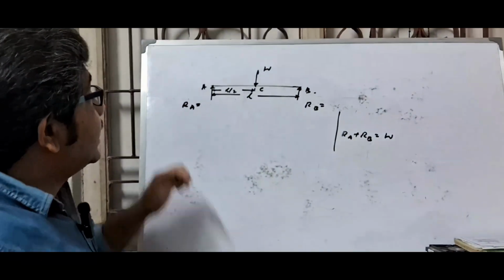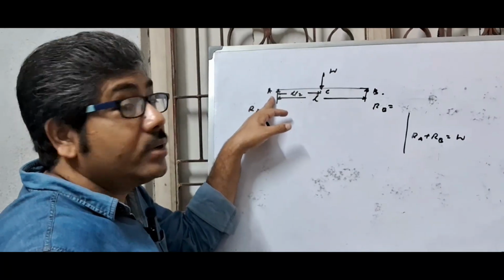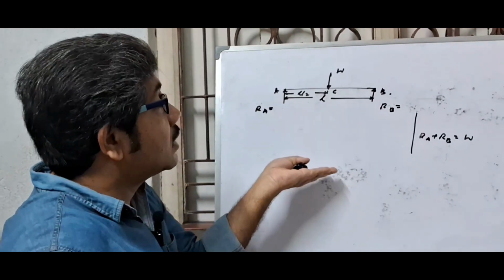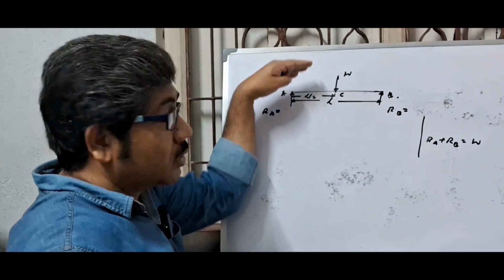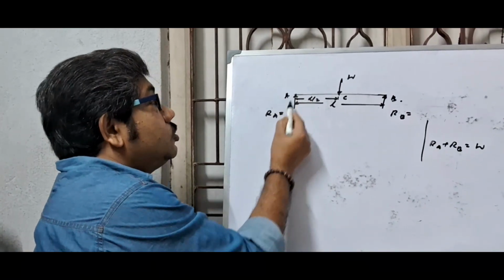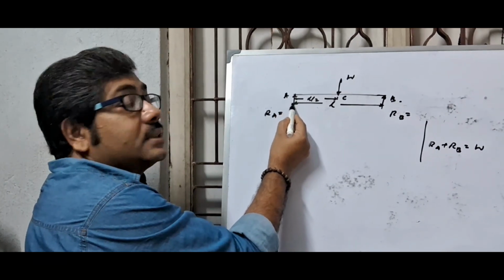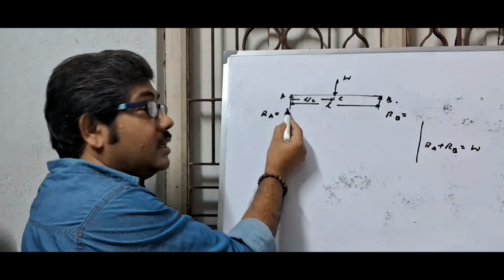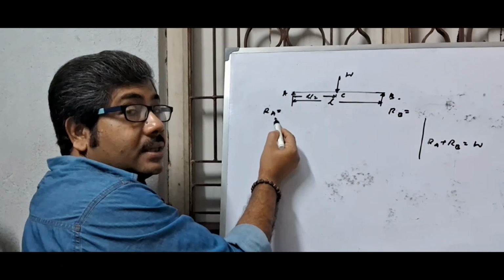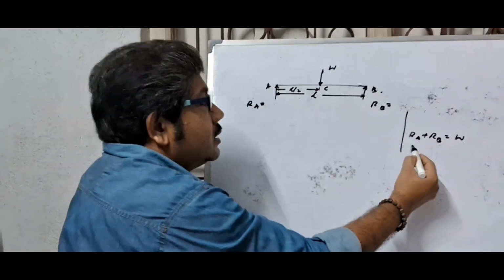This is first. Second, taking moment at point A and equating the same. Equating the same means total upward moment equals total downward moment. Taking moment at point A, at point A there is no moment because there is no distance. The force is RA, but there is no distance, that means RA into 0, this is 0.